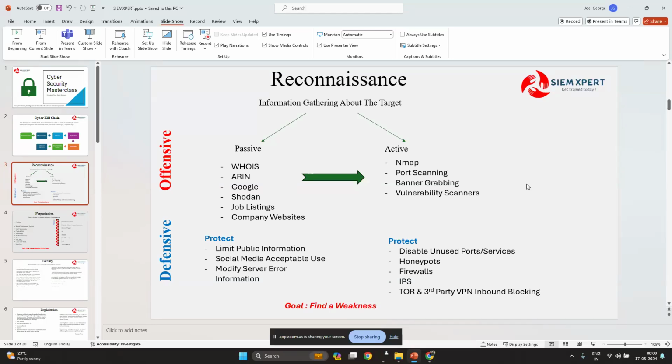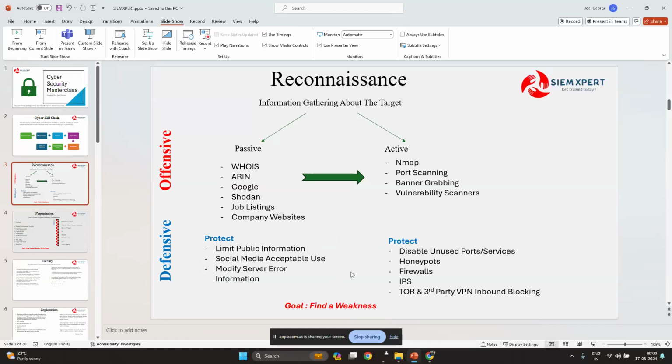So on a surface level, as an organization, how would you try to defend yourself from this? It would be things like having a social media acceptable use policy. That is, you don't post everything on the internet.